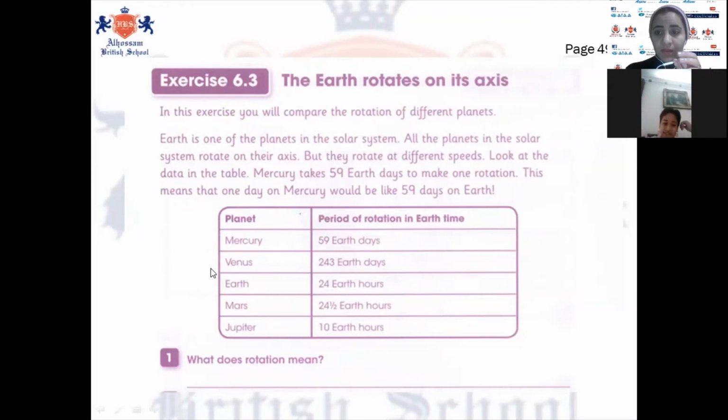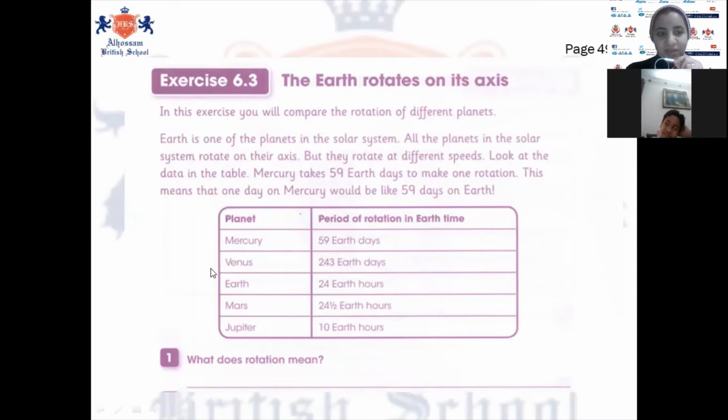Moving around its axis? No, this is the rotation. Revolution, I don't know what revolution means.